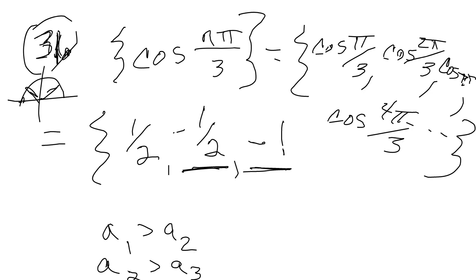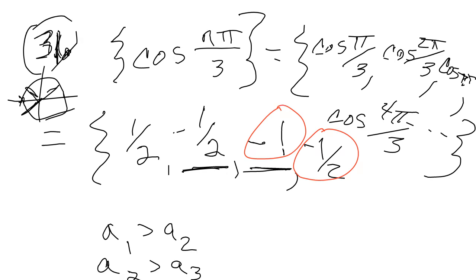So if we have cosine of 4 pi over 3, now I'm over here, once again quadrant 3, and the base is 1/2, so this is going to end up being -1/2 again. And so what we notice is that, this is A3, this is A4, A3 is actually less than A4, which would not be decreasing, it's not going downhill.